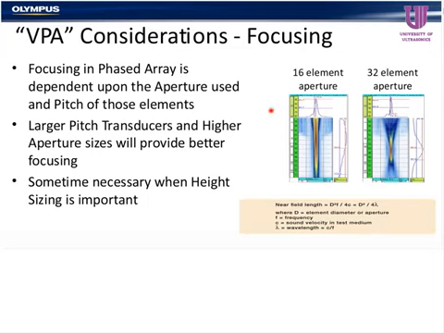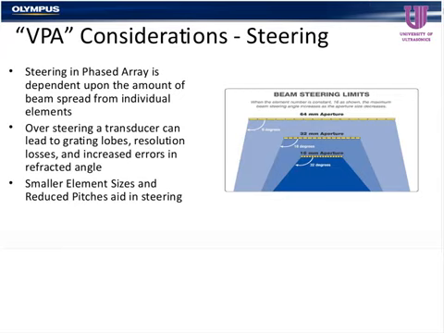Okay? The more elements you add and the larger they are, or the larger spacing there is, the more efficient the focusing becomes, and that might help you with height sizing. But as is with a lot of things that we talk about with UT beam characteristics, you often have a trade-off.